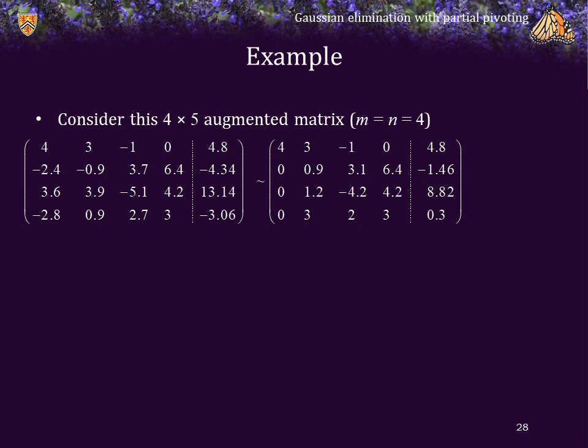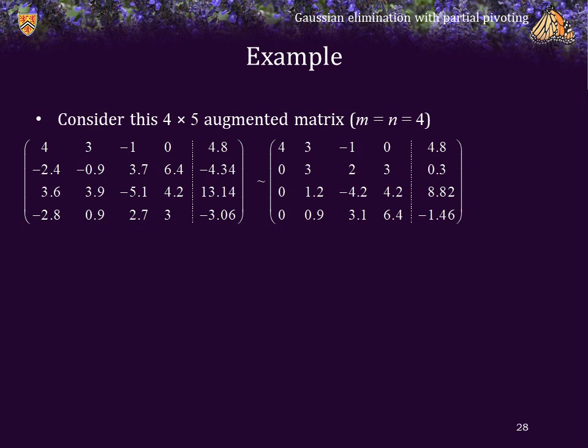There are 3 leading non-zero entries. Of those 3, the largest is in row 4, and thus we will swap row 2 and row 4. Now we will eliminate the remaining non-zero entries, so we will add negative 0.4 times row 2 onto row 3, and we will add negative 0.3 times row 2 onto row 4.